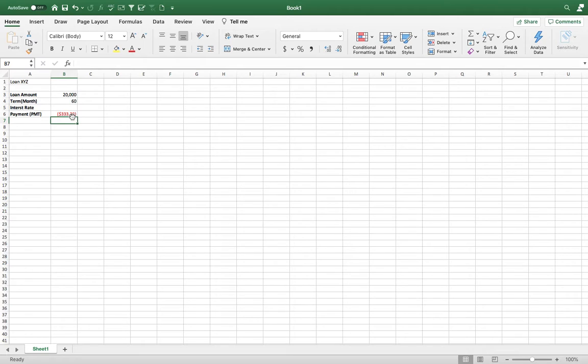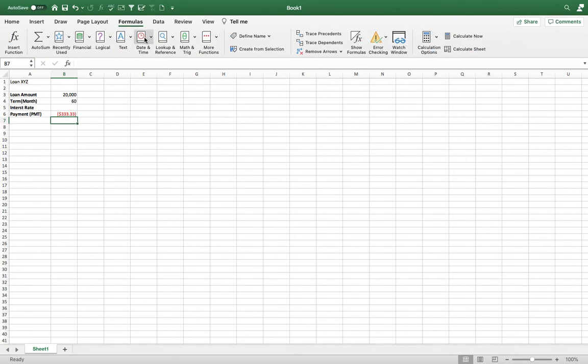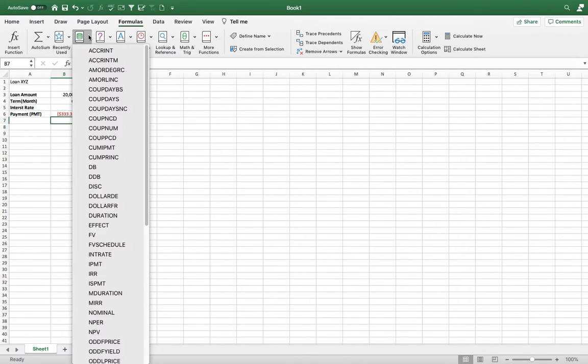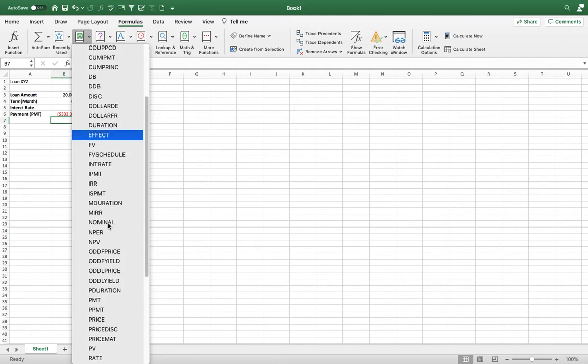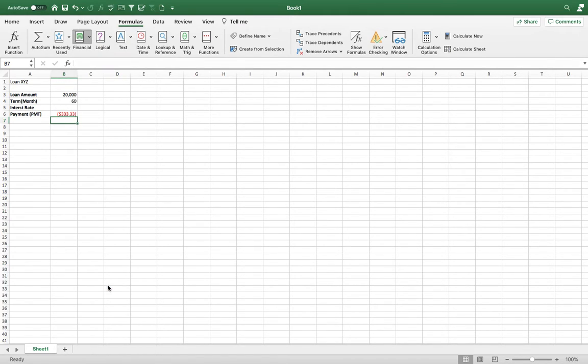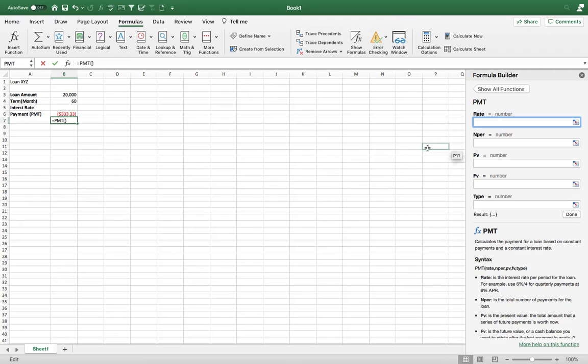The other way of calculating the PMT is you go to formulas, find financial right here, and then go to PMT. Then just do the same thing we did. The rate will be right here, blank, divided by 12.